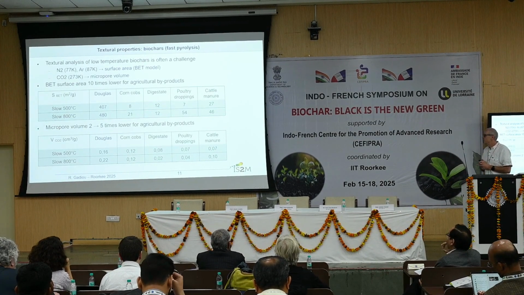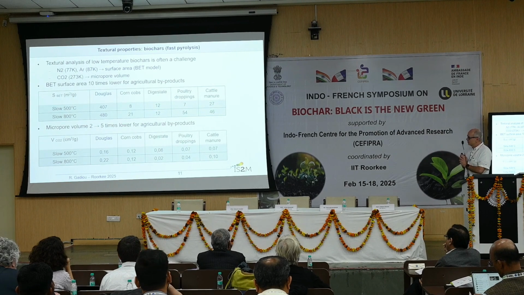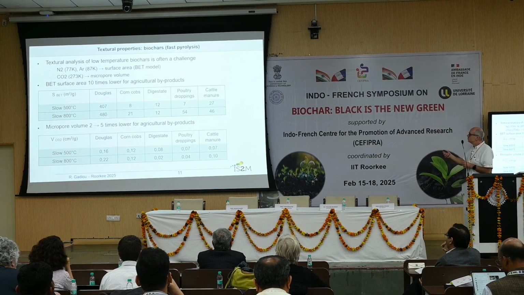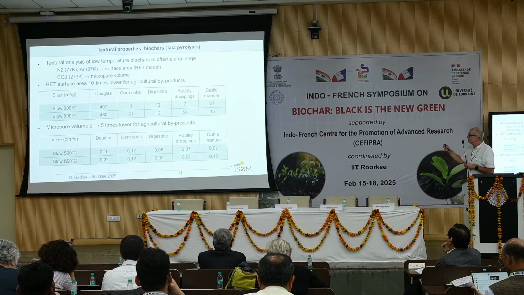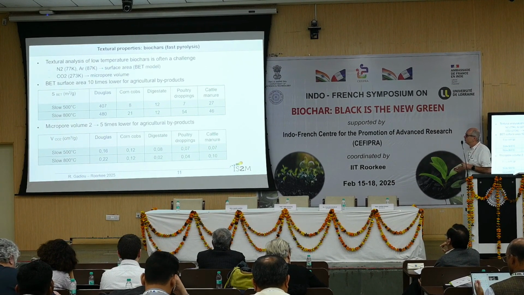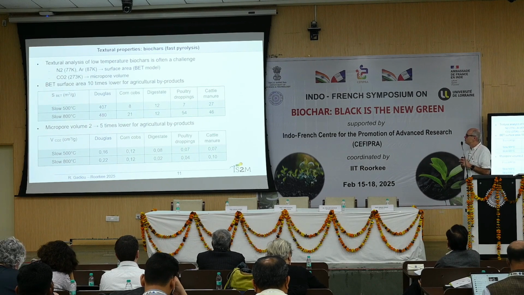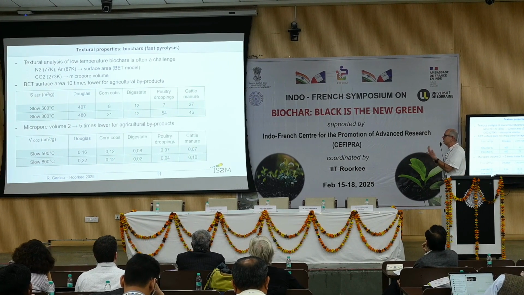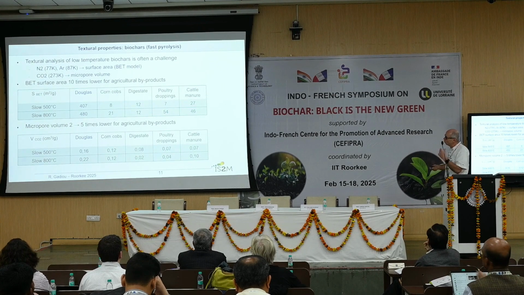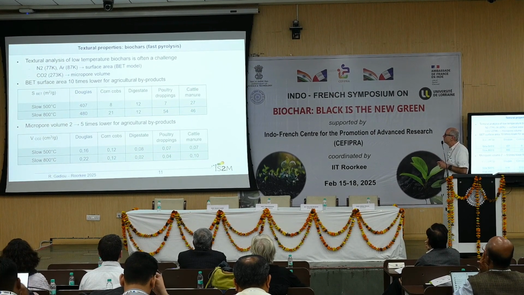I will not spend too much time on textural properties because it's also a complex problem. We use generally nitrogen at 77 Kelvin. IUPAC proposes that it should be the standard to use argon at 87 Kelvin, but it's more complex, it's more expensive also.